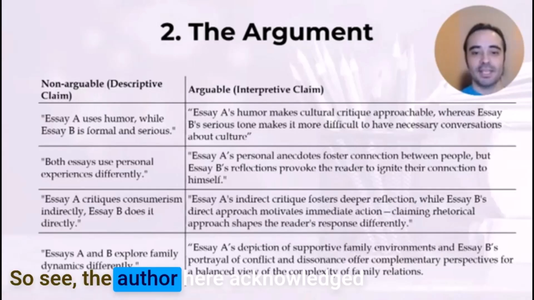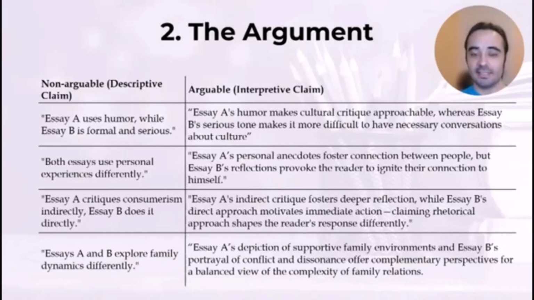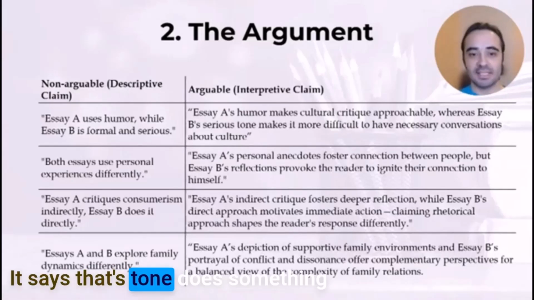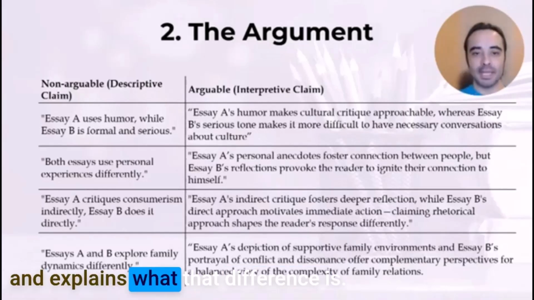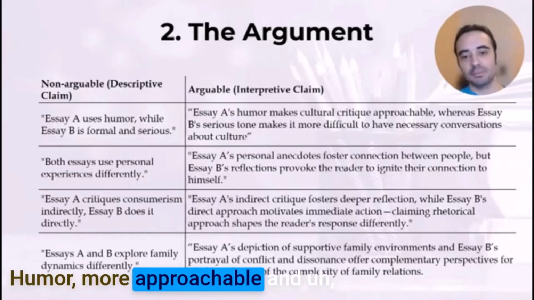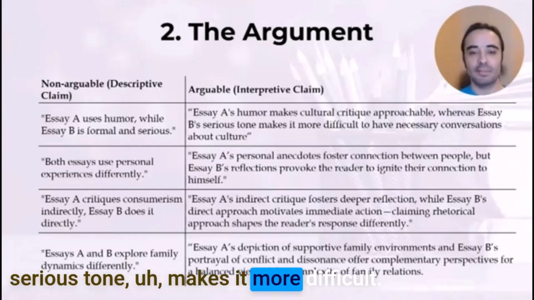So see, the author here acknowledged the differences in style. It says that essay A's humor does something. It says that essay B's tone does something, and explains what that difference is: humor makes it more approachable, and serious tone makes it more difficult.